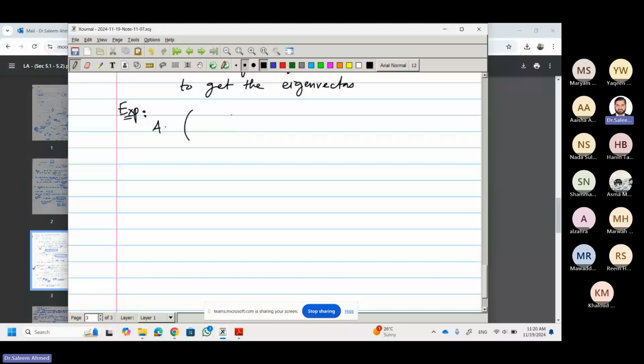So let's say I start with a 2 by 2 matrix, 2, 3, 3, minus 6. The question is: find eigenvalues of A, find eigenvectors of A. So we can do one by one.